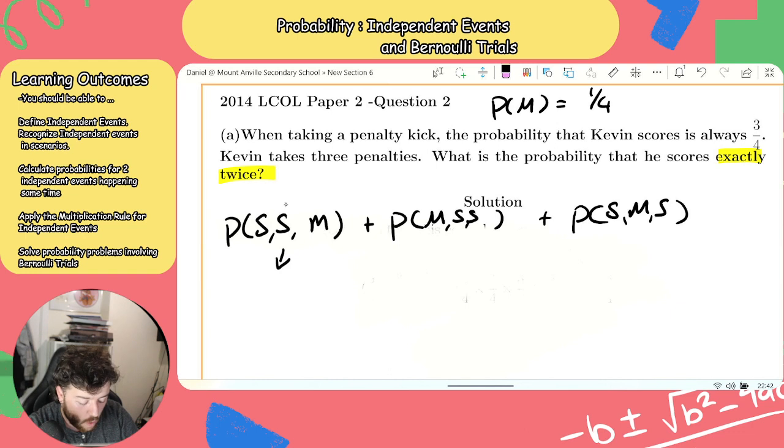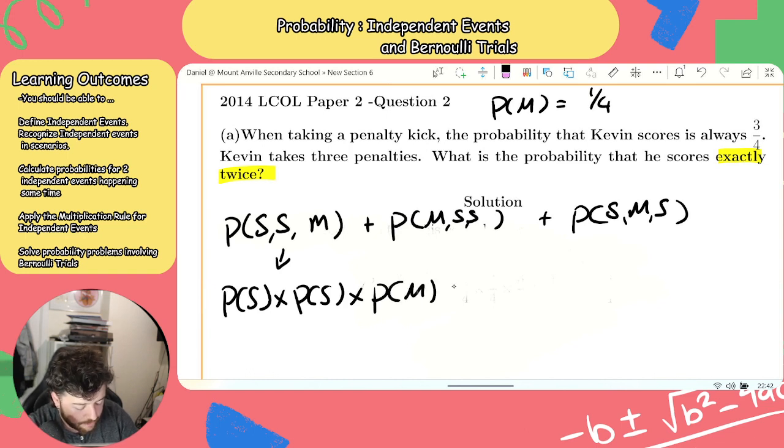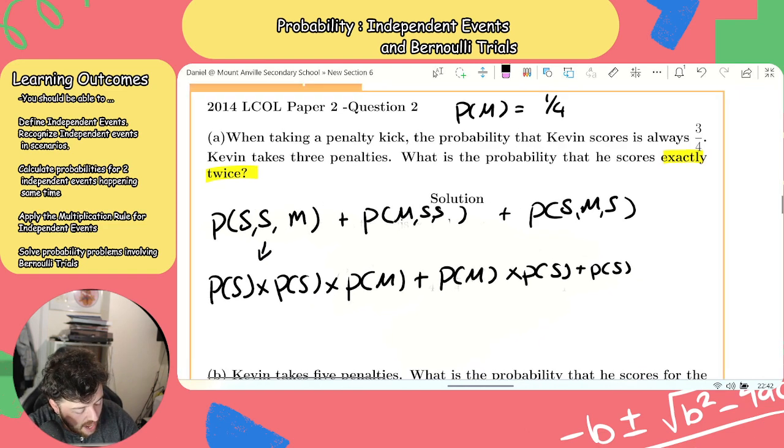So the probability of scoring, scoring and missing is the probability of scoring times the probability of scoring times the probability of missing, plus the probability of missing times scoring times scoring, plus the probability of scoring times missing times scoring.